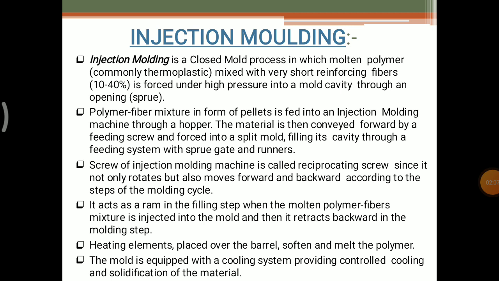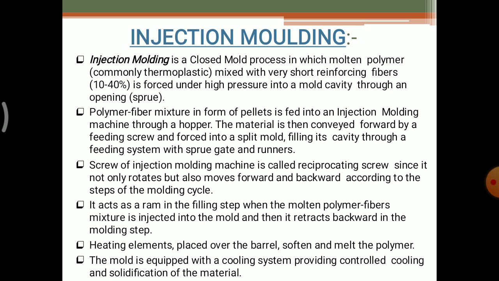Coming to the injection molding process, this is a closed mold process in which molten polymer, that is heated polymer, commonly a thermoplastic resin, is mixed with very short reinforced fibers. Different types of fibers are used in reinforcement: long fibers, medium fibers, and short fibers.